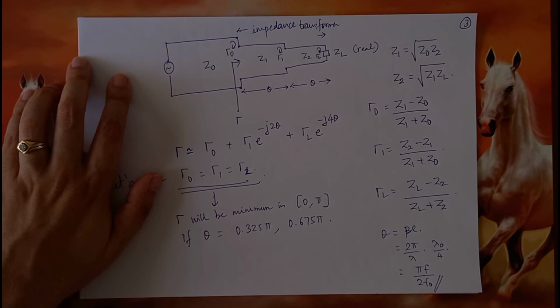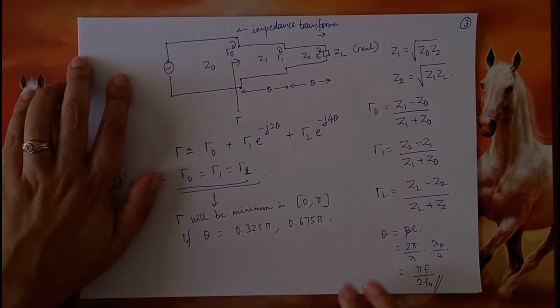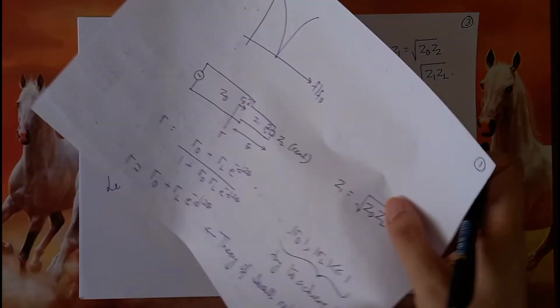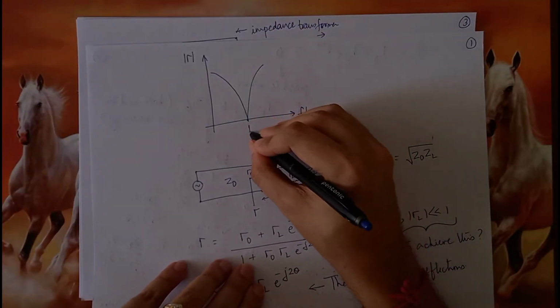So what this means is, if I fix the length as lambda by 4 for each of these two lines, the minima will now not occur when f by f0 is 1. The minima will occur at some other values of f by f0, and we can find that out. For the QWT, the minima was occurring when f by f0 was 1.